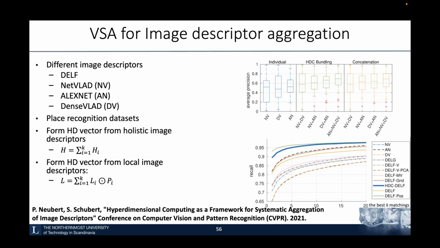So what they did here is take these different descriptors. A descriptor is a human-understandable term, but in a way each descriptor is nothing more than just a vector with a certain similarity property to other vectors encoding other images.